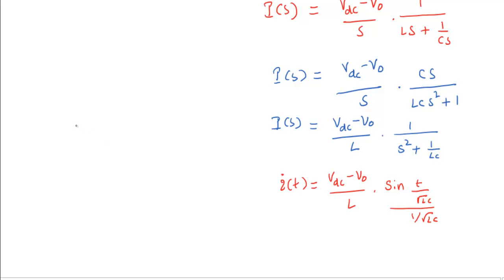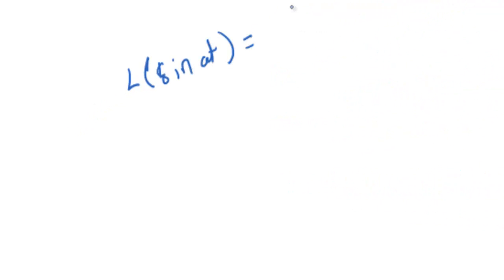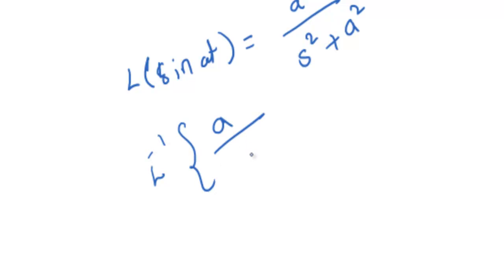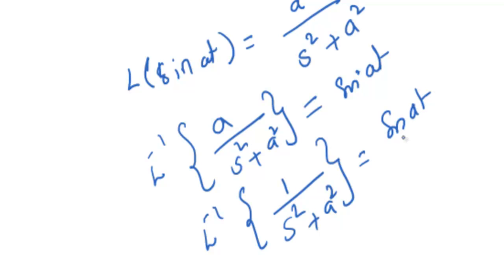The Laplace transform of sin(at) is nothing but a divided by s squared plus a squared. So if you take the inverse Laplace transform of a divided by s squared plus a squared, that equals sin(at). So if you take this a here, the inverse Laplace transform of 1 divided by s squared plus a squared equals sin(at) by a.